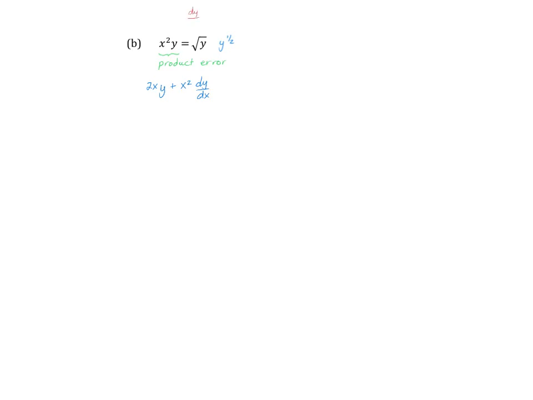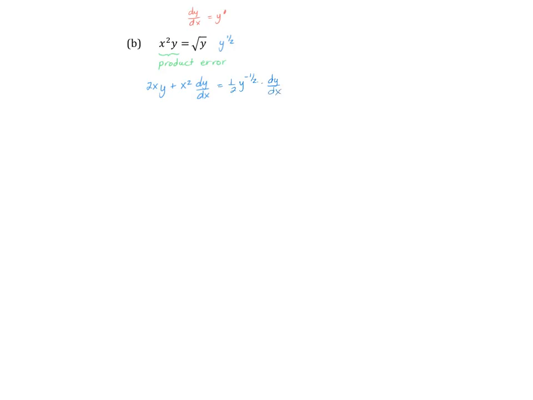Remember, you can use y prime, which is less writing. So that's going to be equal to, on the right hand side, we're treating y as if it were the function, so the 1/2 comes in front, keep y to the minus 1/2 times the derivative of the inside, which is dy dx.